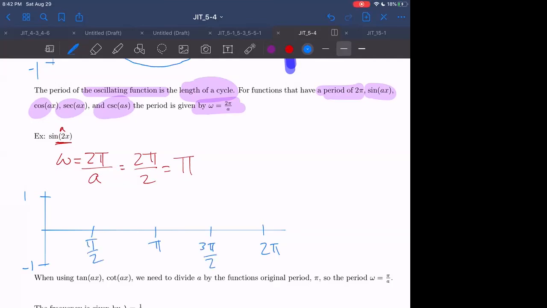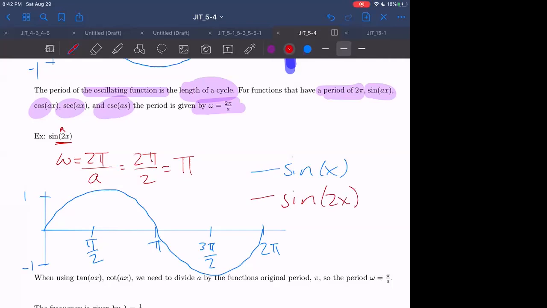I'll do the basic sine graph so y'all can compare them. So the sine graph goes from 0 to 2 pi. Our sine of 2x, that 2 on the inside of the function, means a horizontal compression by a half. Remember, horizontal changes, we do the opposite of what we think. So a horizontal compression means all of my x values are going to get compressed and tightened.